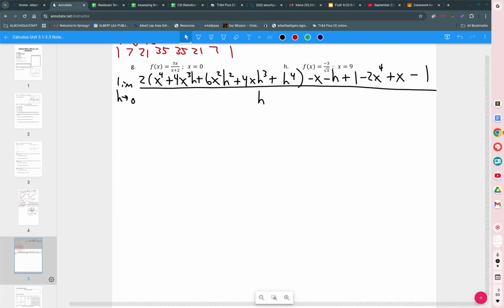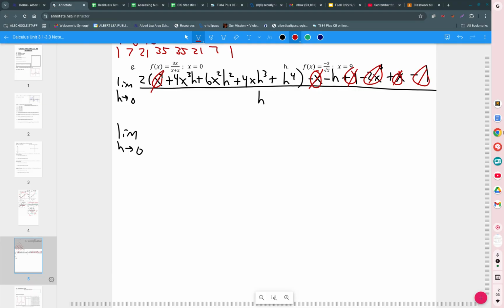And if we've done our work correctly, we know that everything that doesn't have an h should cancel. Let's just start to get rid of stuff. This negative x reduces with the positive x. The ones, just like we predicted. And then that negative 2x to the 4th is going to go away with this 2x to the 4th right there. And so we can write what remains.